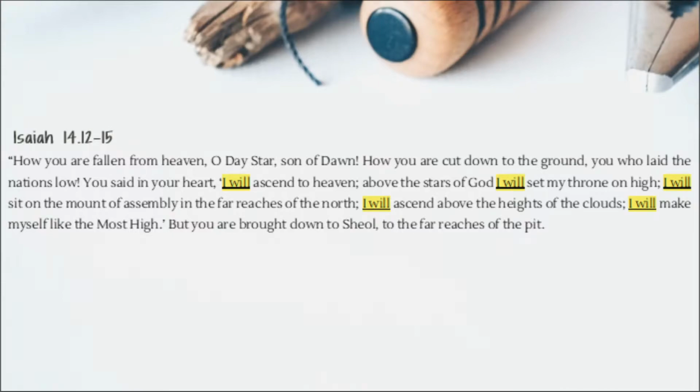Ascend, set on high, I am the Most High. But I'm going to bring you down to hell, to the farthest reaches of the pit, right? So you can pull all that out. Contrast, progression, anti-progression. What is that? Degression? Yeah. Isaiah 14.